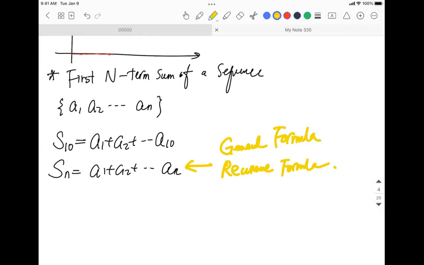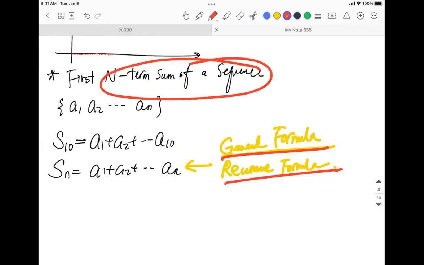For our high school math competition territory, generally speaking, understanding the general formula, the recurrence formula, and the first n-term sum will be extremely important. We will see many, many problems created based on testing these three important concepts.